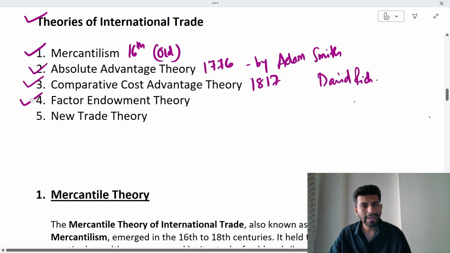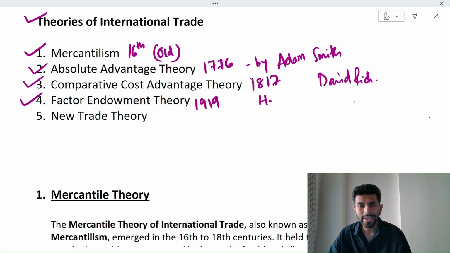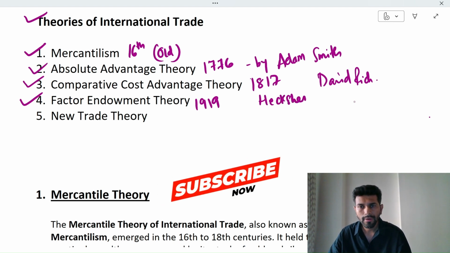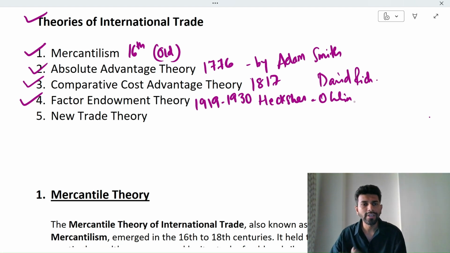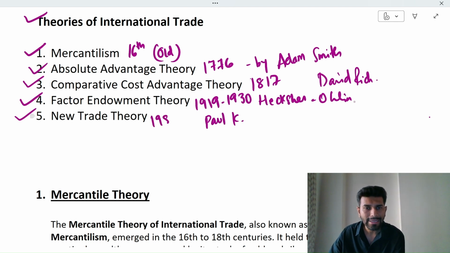Next, factor endowment theory was introduced in the year 1990 by Eli Heckscher, and it was further extended in the year 1930 by Bertil Ohlin. So it is called Heckscher-Ohlin theory or factor endowment theory. And last, new trade theory was introduced by Paul Krugman in the year 1980.